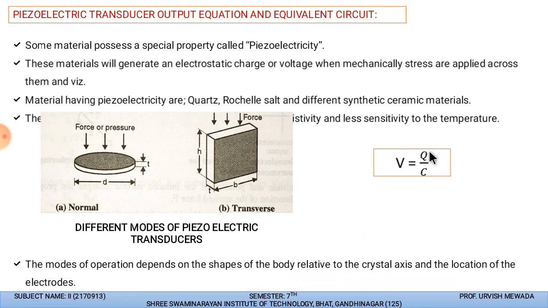The method of operation depends on the shape of the body, relative to the crystal axis and location of the electrodes. So generally we select the shape of the piezoelectric transducer as per our requirement, or we can arrange it as per the direction of the force we need to apply.